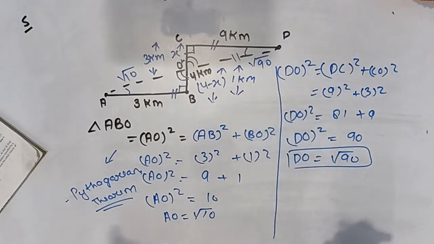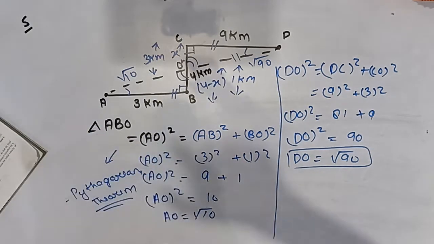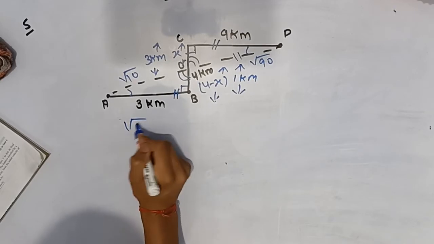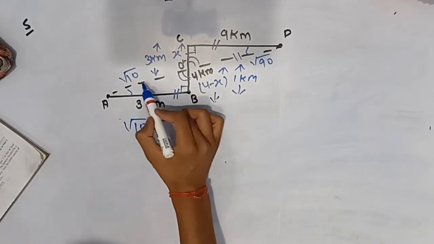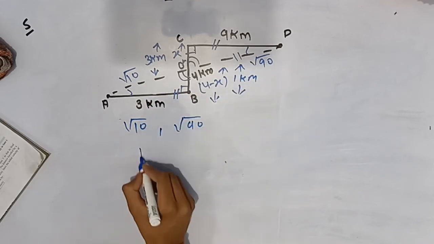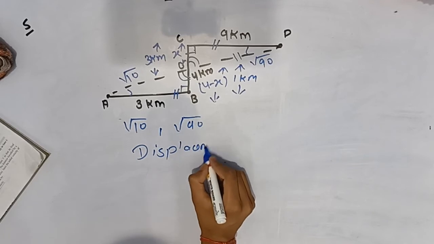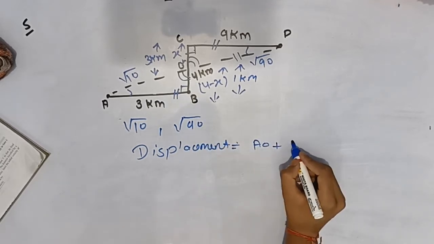So now what we will do? See friends, we got both the hypotenuse, root 10 and root 90. So our displacement is this and this. So we can simply write displacement is equal to AO plus DO.